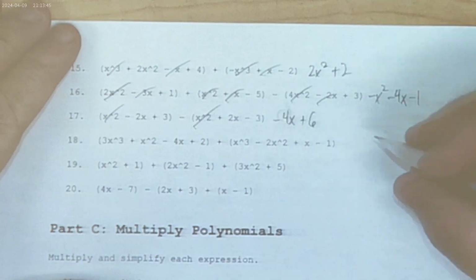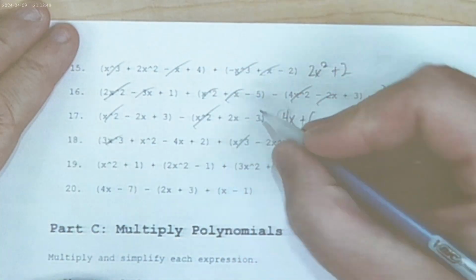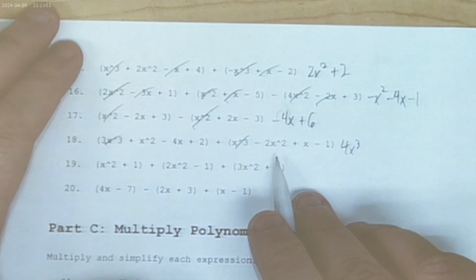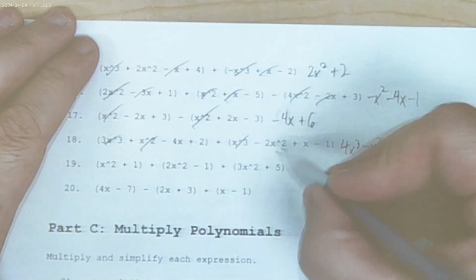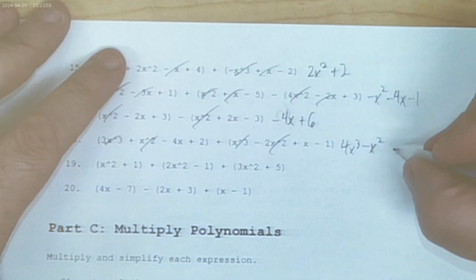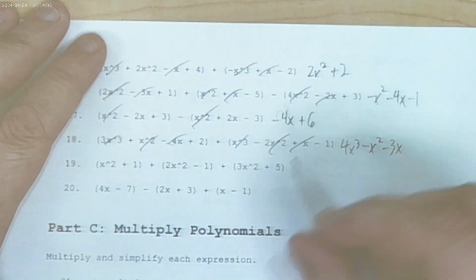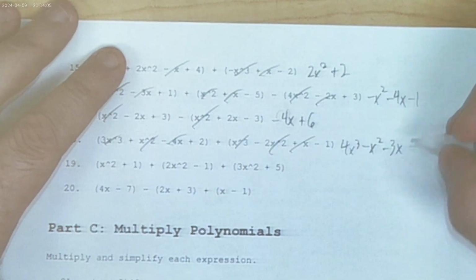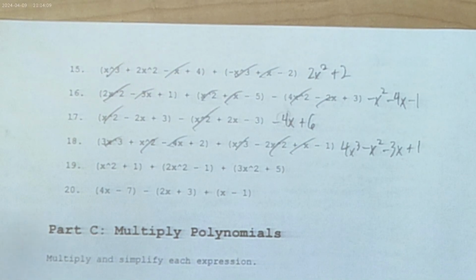third plus x to the third, 4x to the third. x squared minus 2x squared, so that's minus x squared. Negative 4x plus x, so that's minus 3x. And then 2 minus 1 is plus 1. Yep, there we go.